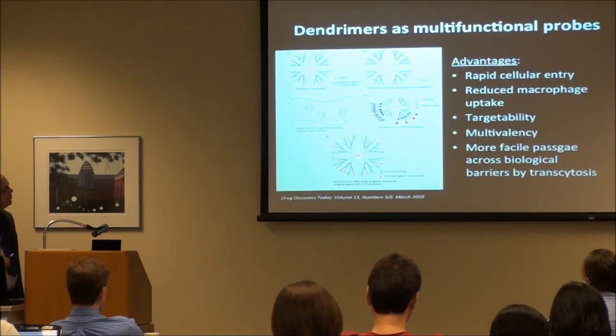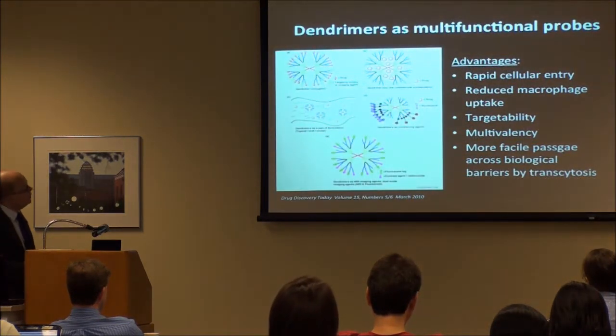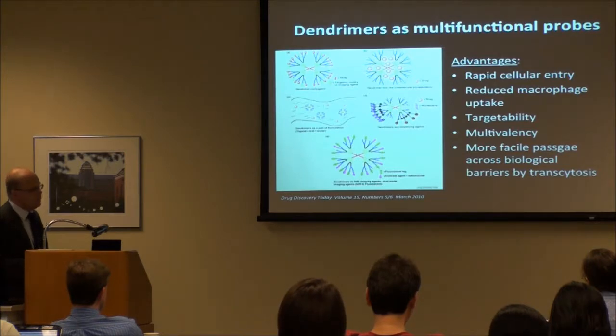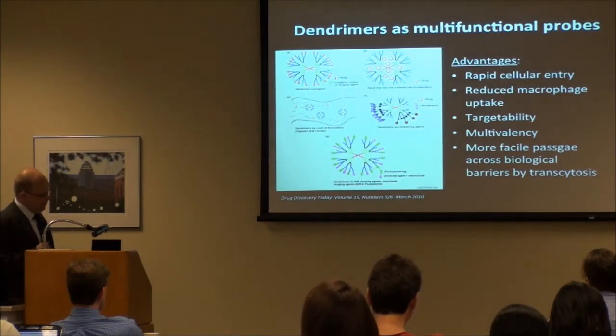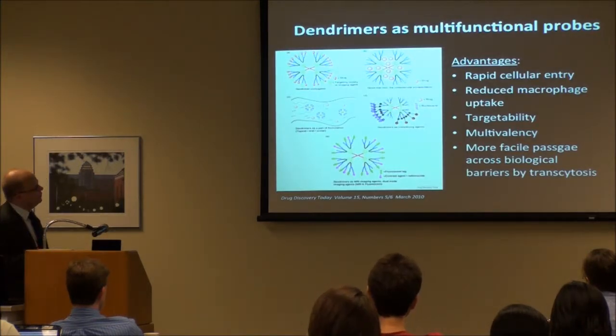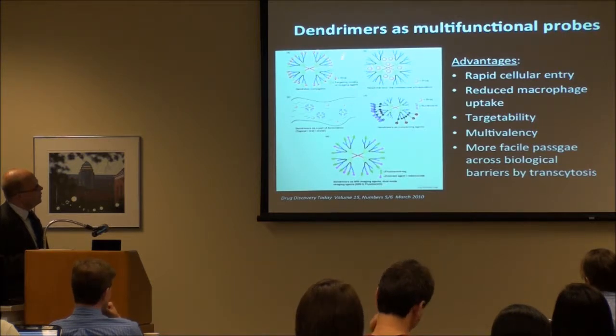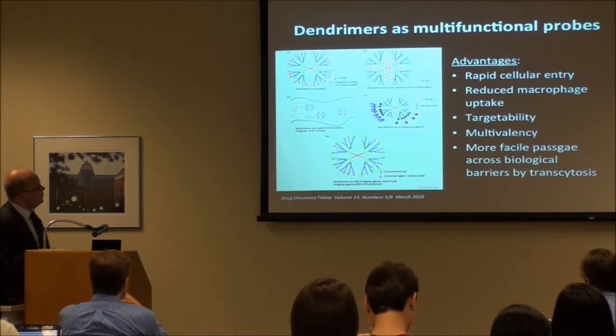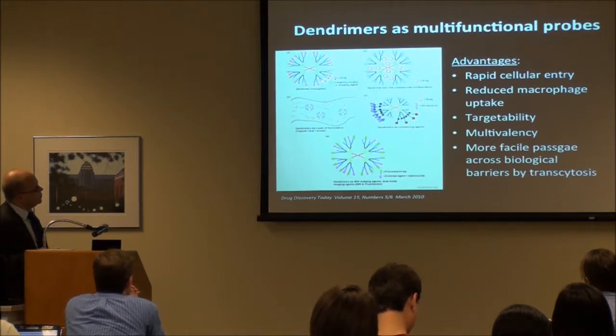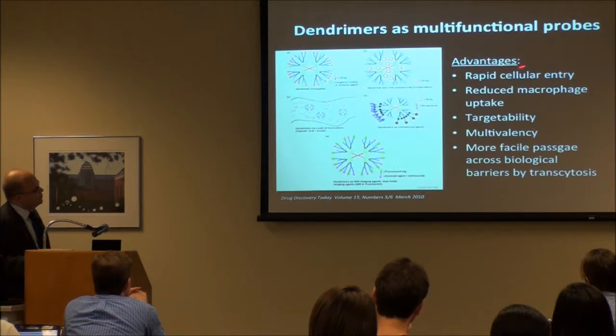In my lab, we have been developing agents for multifunctional and multi-modality imaging, and we concentrated on a group of nanoparticles called dendrimers. The dendrimers are branched structure macromolecules, which are highly functionalized, and they have some very good advantages for imaging.